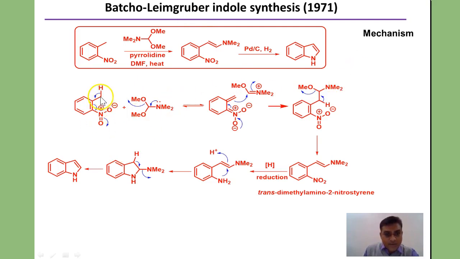In the presence of a base, we get an anion, and this anion of orthonitrotoluene will react with an electrophilic molecule, an iminium ion, and we get a carbon-carbon bond forming reaction. Then the methoxy group departs, and we get trans-dimethylamino-2-nitrostyrene. This enamine compound on reduction forms NH2, and NH2 attacks the enamine, we get the cyclization, and finally dimethylamine is eliminated to get the indole derivative.